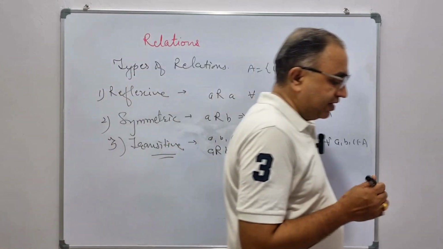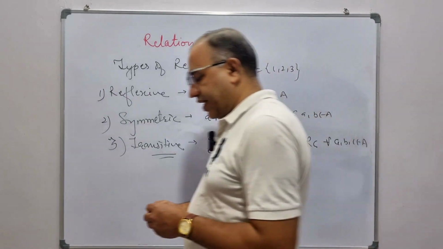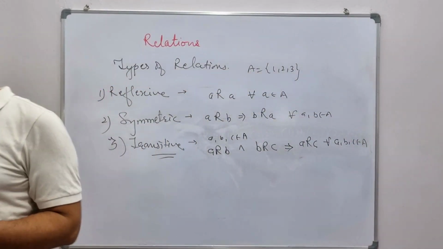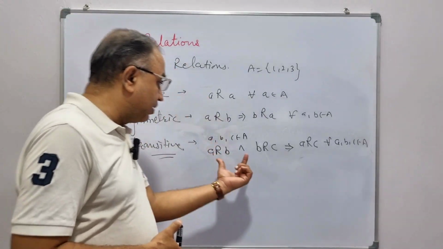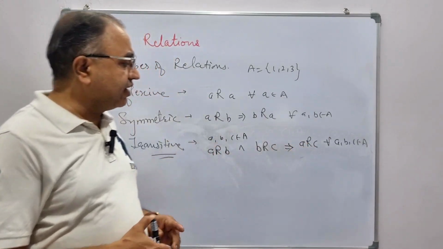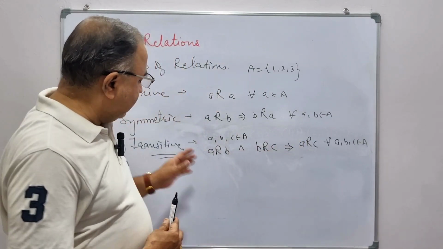So for a relation to be transitive, we need to check there must be three different entries, so that A is related to B and B is related to C. Together both we can derive this result that A is also related to C with the same relation, so that relation is transitive.